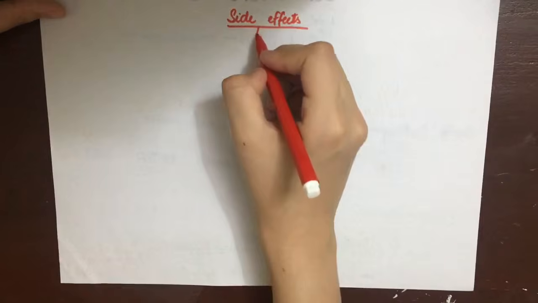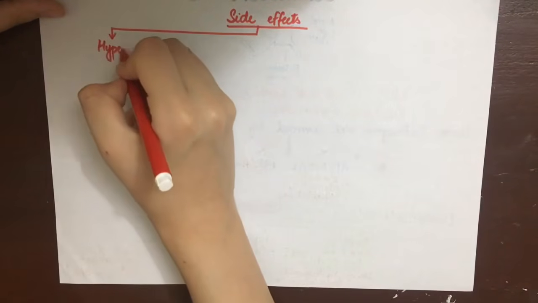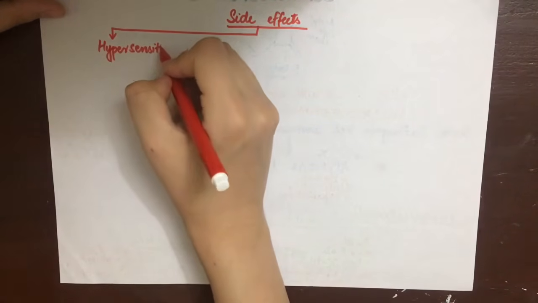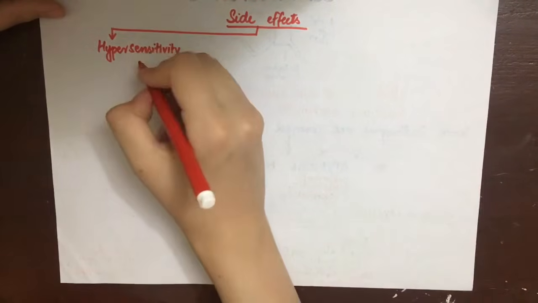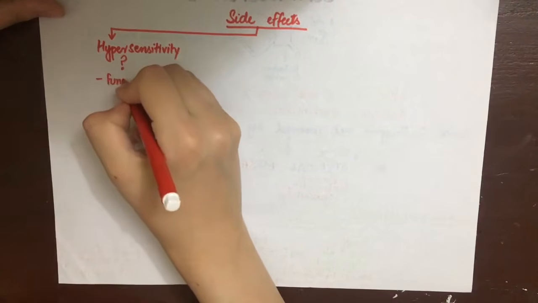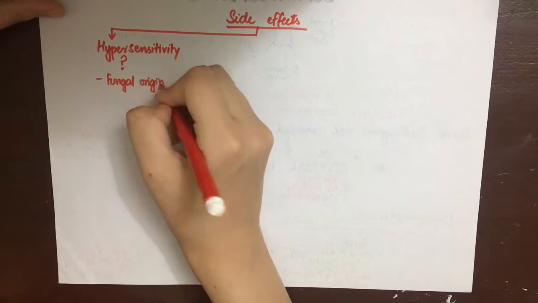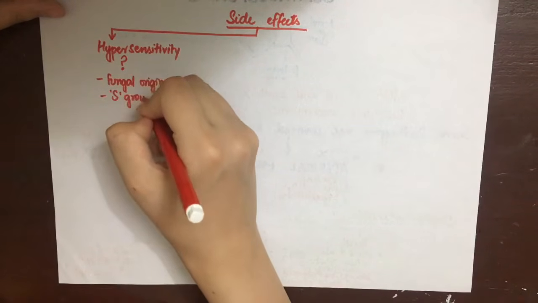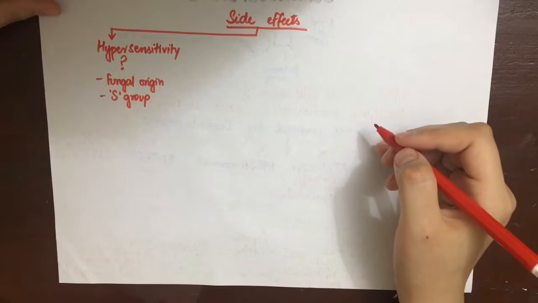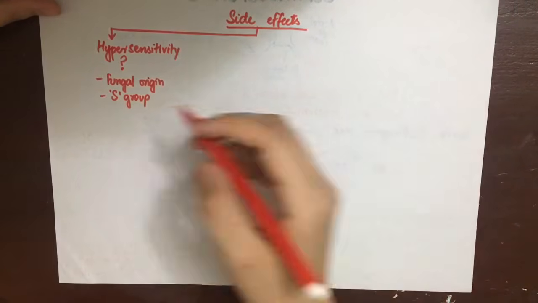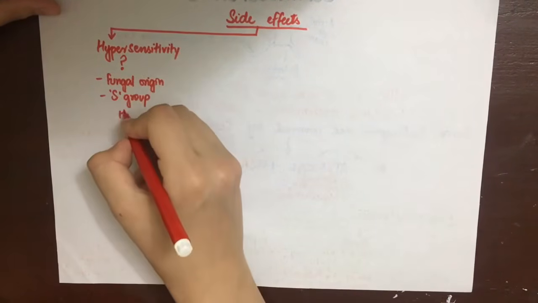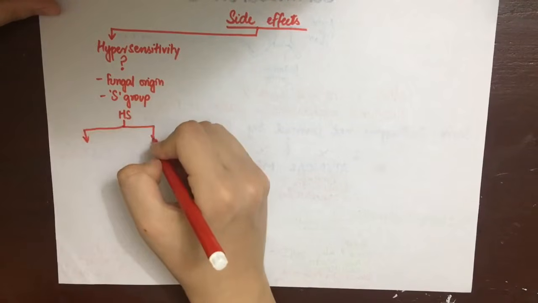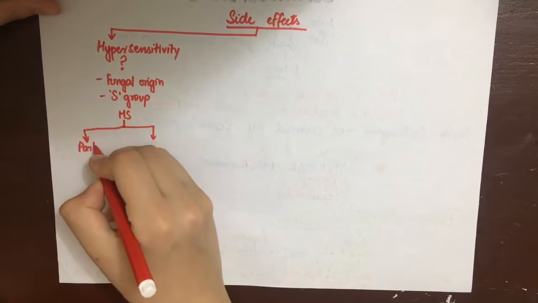Before seeing the different generations of cephalosporins, let's see some side effects. First is hypersensitivity. This is because cephalosporins originated from fungi and also have a sulfur group. The hypersensitivity can be of two types, one is partial and the other is complete. If a patient is allergic to penicillins, then there is a partial chance that he or she will be allergic to cephalosporins as well.